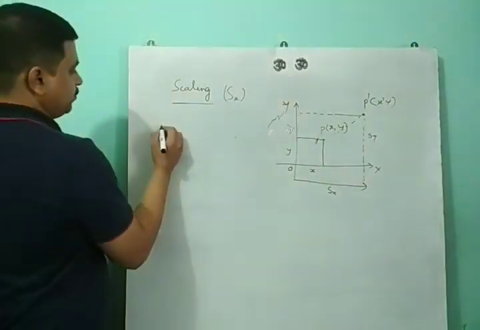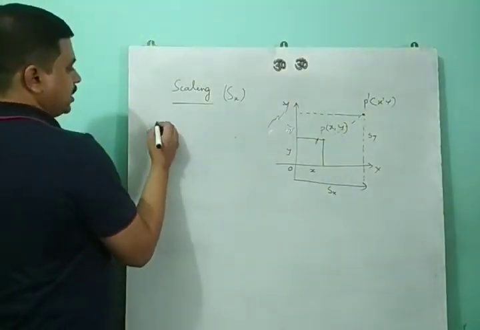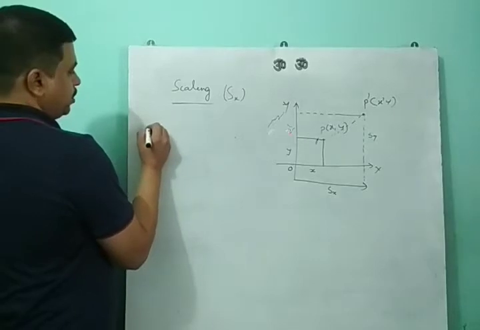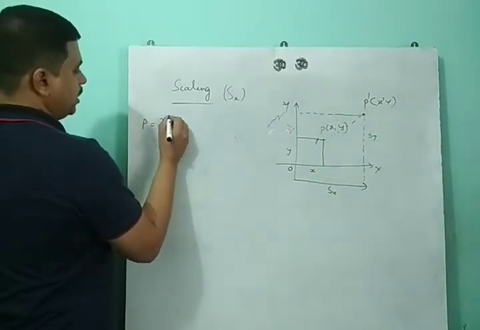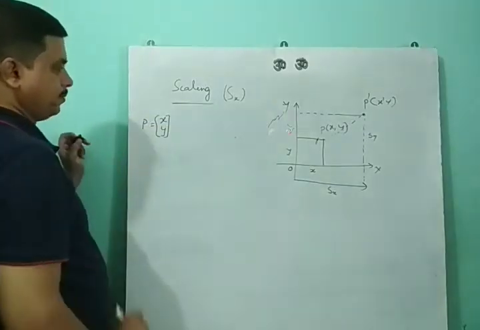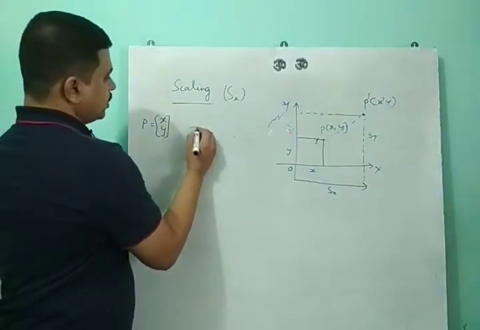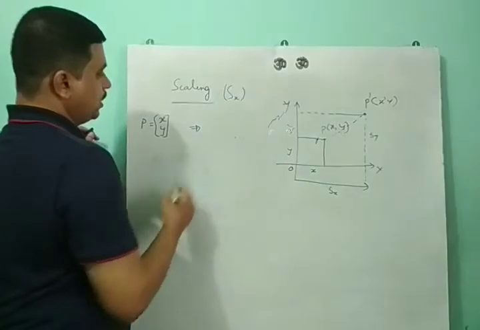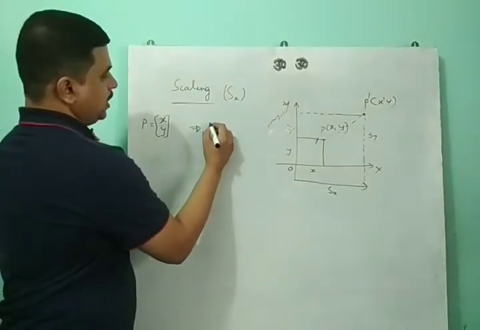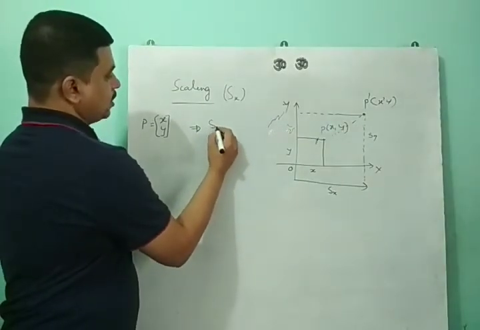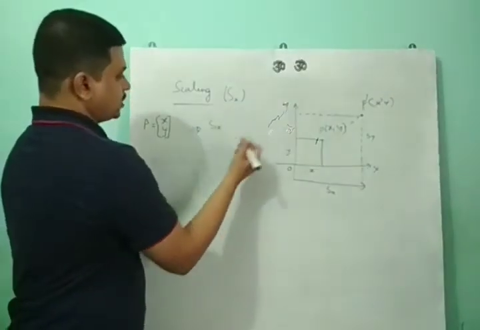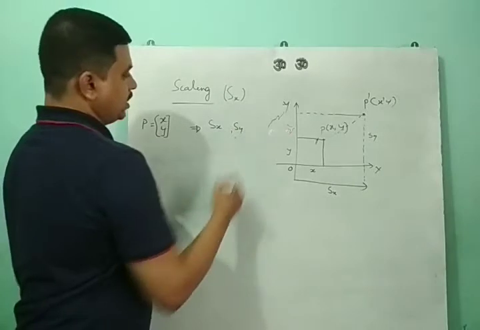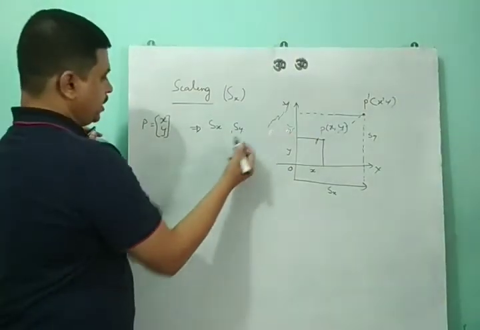So now in equation form, we can simply write it as the point P having the coordinates x and y is applied a transformation of scaling. So we call it Sx for the x direction and Sy, that is the scale for the y direction.